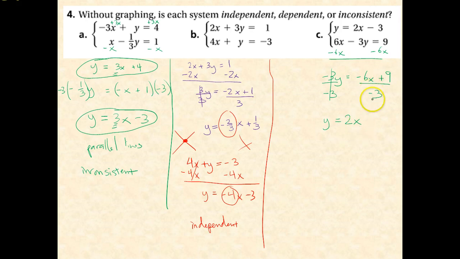And then 9 divided by negative 3 is minus 3. So that means this equation has the exact same slope and the exact same y-intercept. So these are two coincident lines. That means there are infinitely many solutions, which means it is a dependent system.